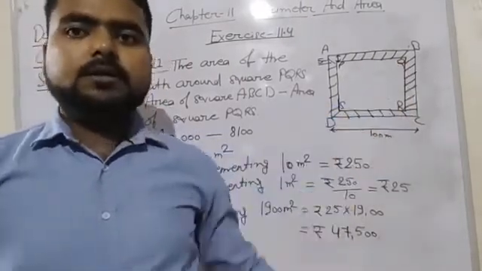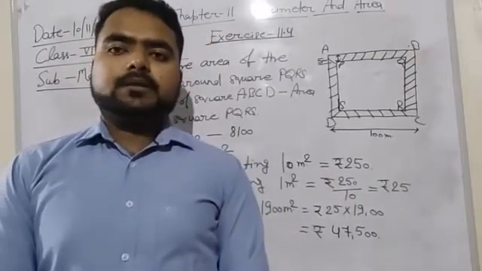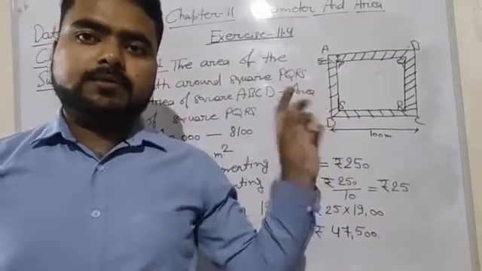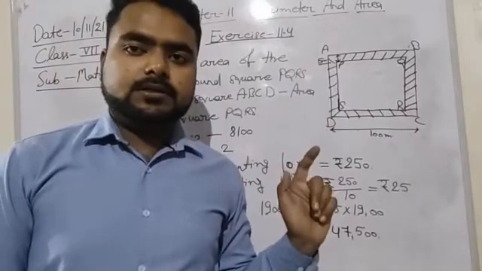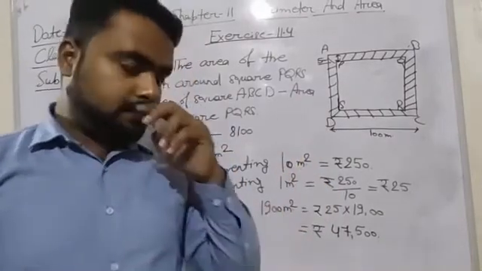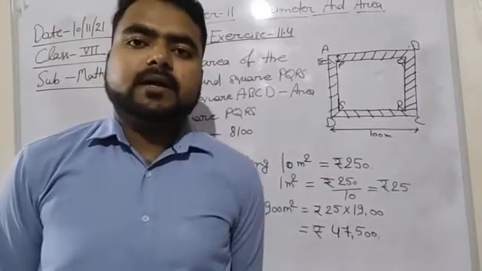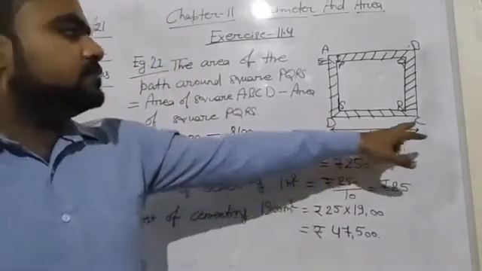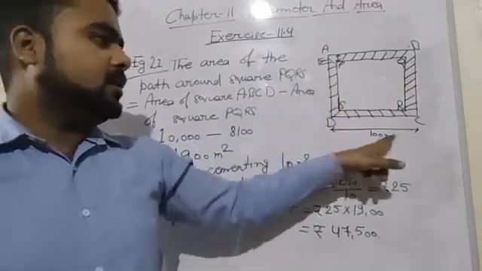We have to find the area of the path and also the cost of cementing the path. Okay, and the rate of cementing is given, that is rupees 250 for 10 meter square area, and the side of this square ABCD is given as 100 meter.